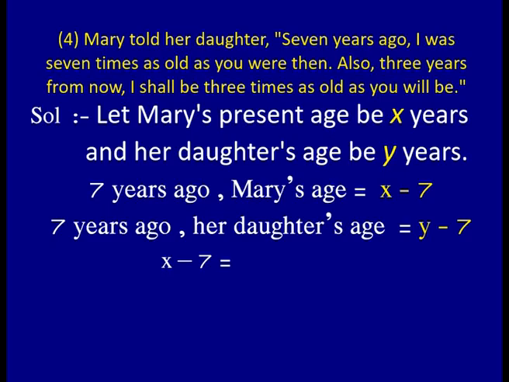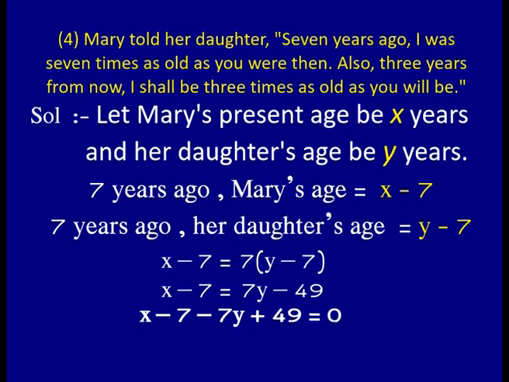From the first case, Mary's age is 7 times her daughter's age 7 years ago. Therefore, X minus 7 is equal to 7 into Y minus 7. By simplifying this, X minus 7 is equal to 7Y minus 49. If 7Y minus 49 is transposed to LHS, it becomes X minus 7 minus 7Y plus 49 is equal to 0.